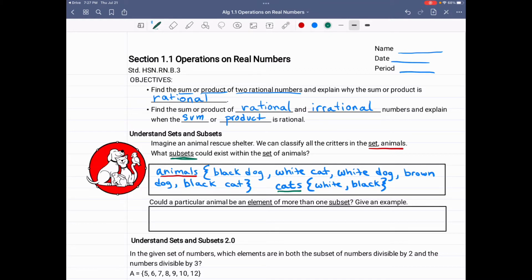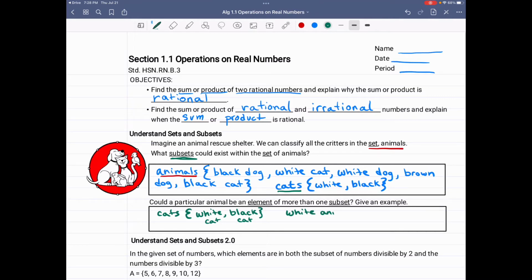Could a particular animal be an element of more than one subset? Give an example. Okay, so let's say, like I said, we have cats. And within the cats, we have white and black cats. Could the white cat or the black cat be in another set? Well, let's say that we wanted to list all of the white animals.